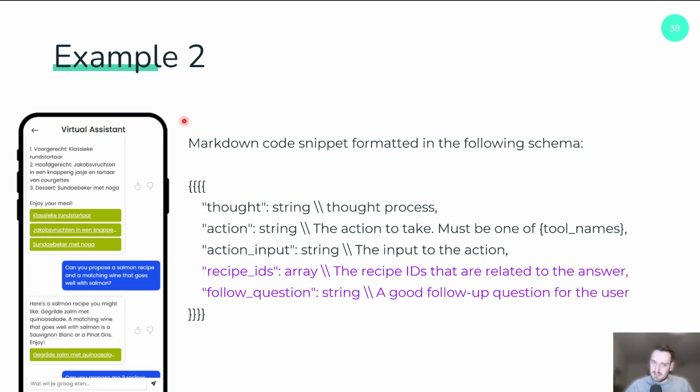So here you see a small snippet out of the prompt. What you need to know about this agent is that, at the end of the day, the agent itself is just calling these LLMs again, right?